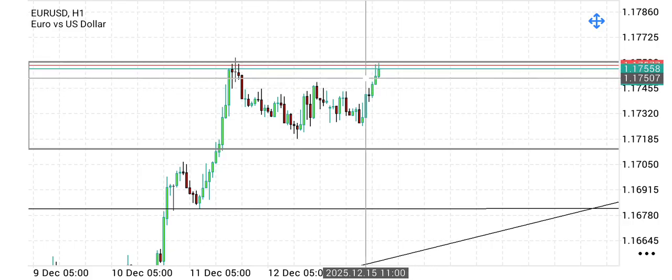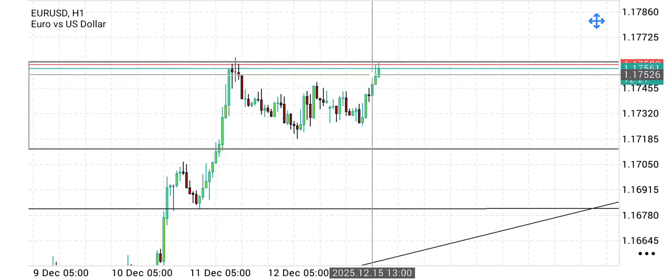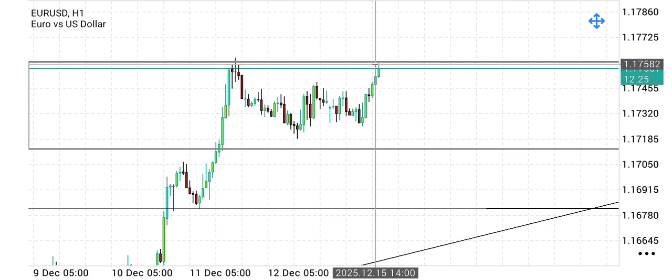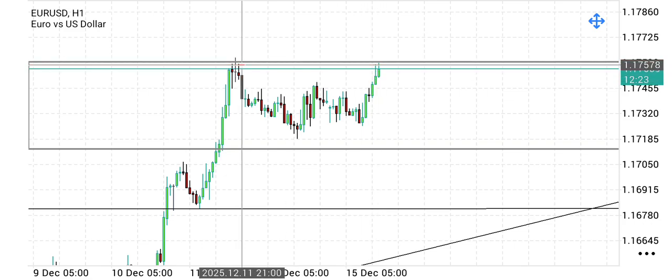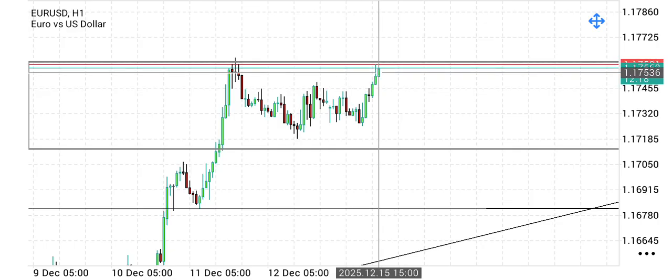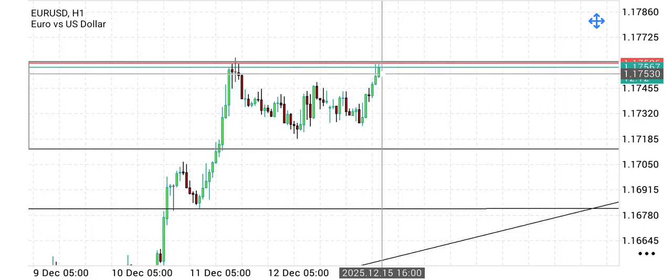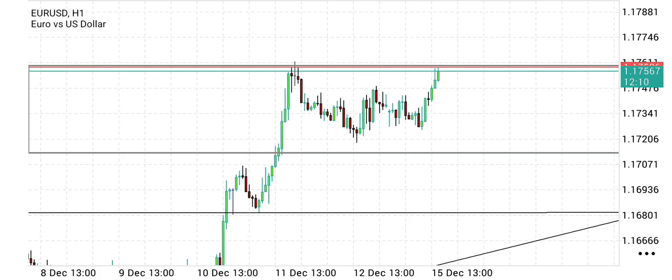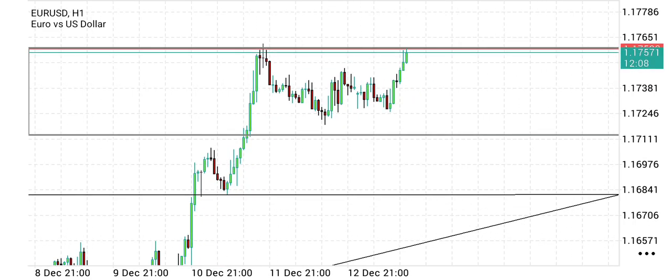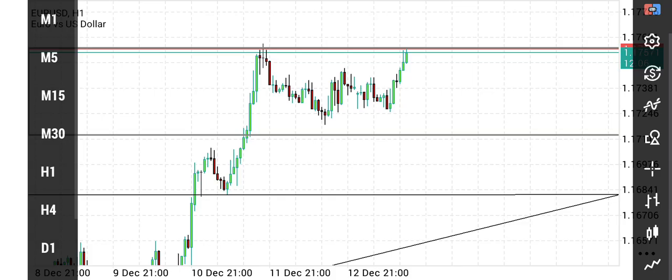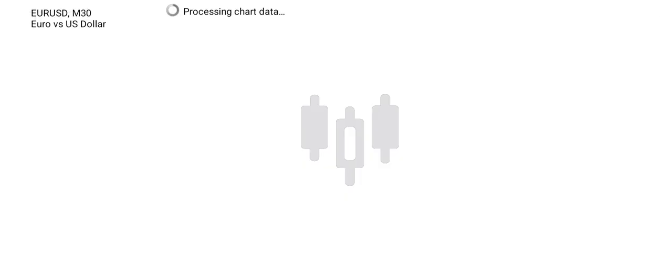I would just observe what is happening on this resistance zone, because we witnessed a reversal right here. Now we're about to witness a second reversal right over here, with which we might create a double top. So okay, fine, you already observed that, so I'm just gonna go to the 30 minutes.